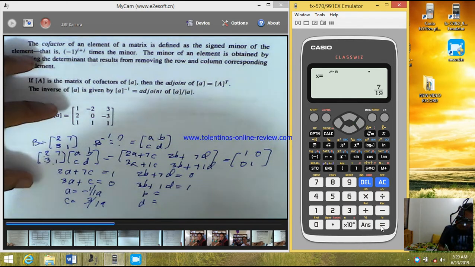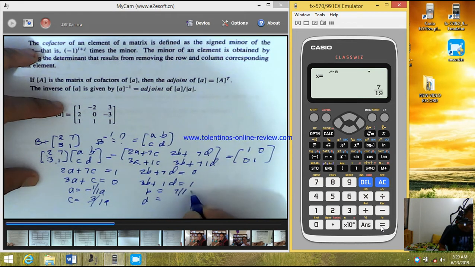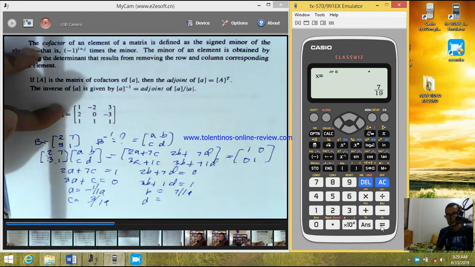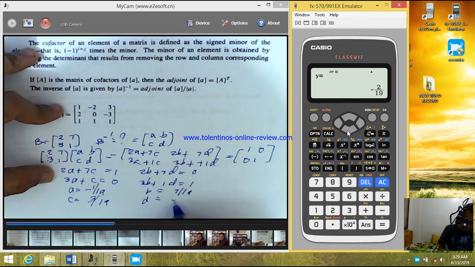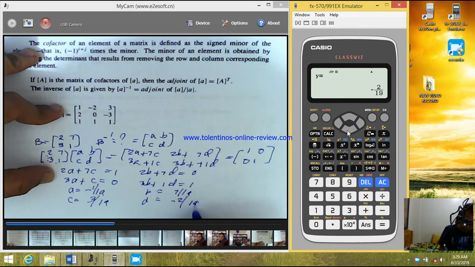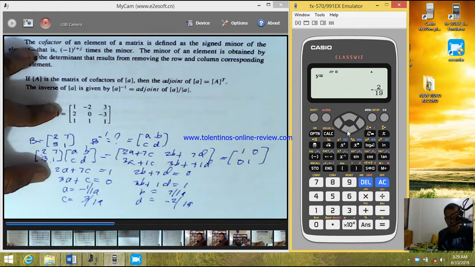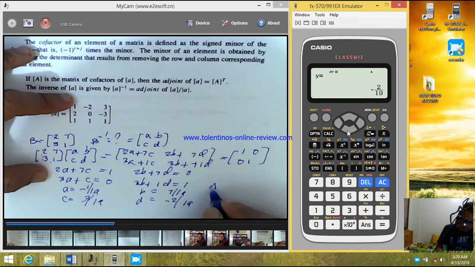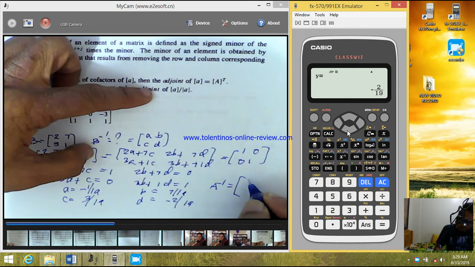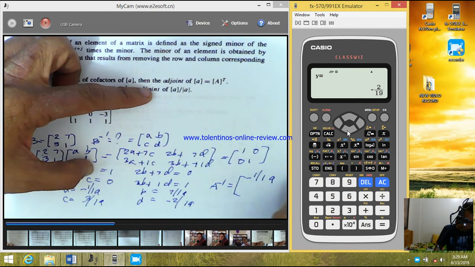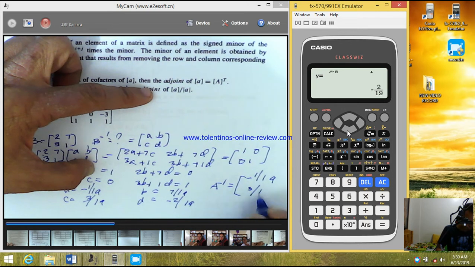So, B is 7 over 19, and D is negative 2 over 19. Alright? Therefore, our inverse of a matrix is equal to what? Negative 1 over 19, 7 over 19, 3 over 19, and negative 2 over 19.